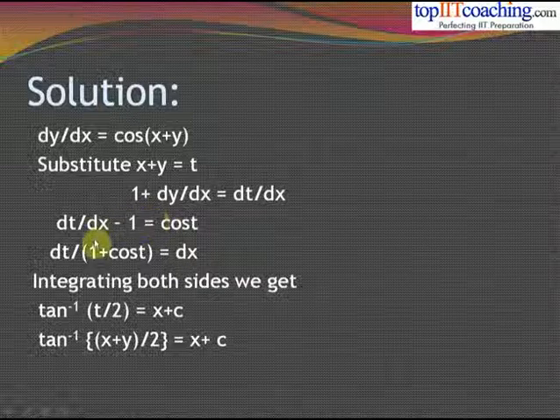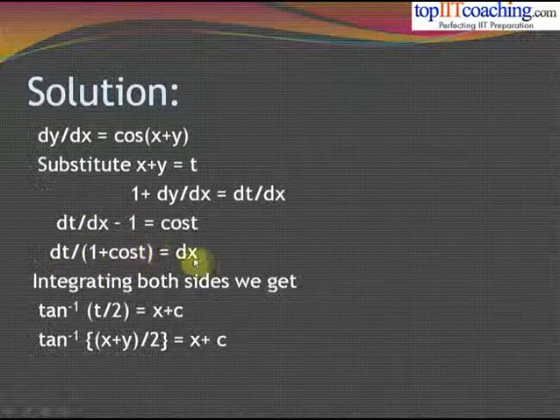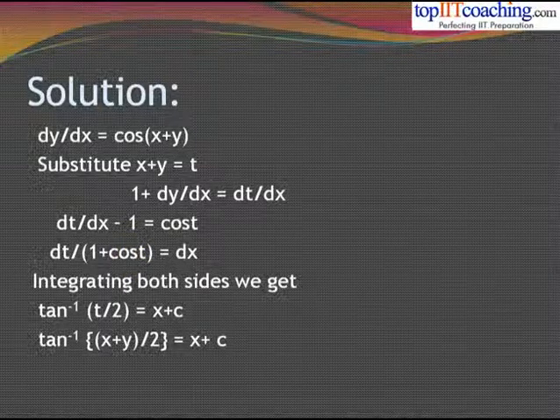So we bring 1 plus cos t to the side of dt and we bring dx to the other side to get dt by (1 plus cos t) equal to dx. Now this can be easily solved. What we do is we write cos t equal to (1 minus tan square t by 2) divided by (1 plus tan square t by 2), and then if we substitute tan of t by 2 equal to u, then we can easily solve to get tan inverse t by 2 equal to x plus c.